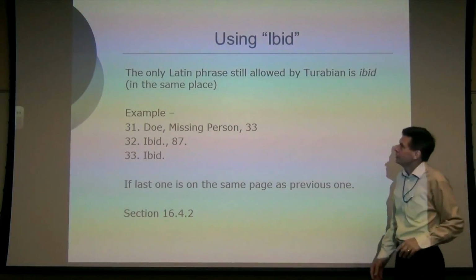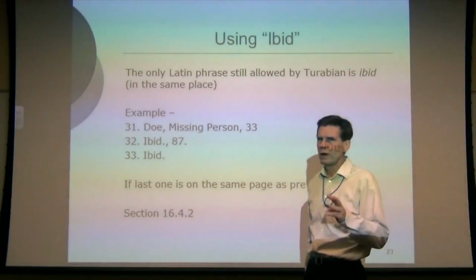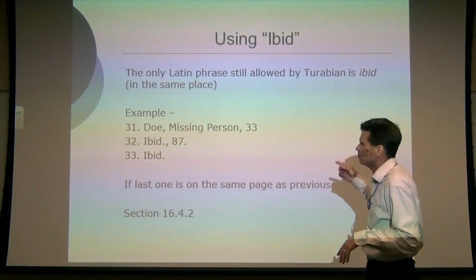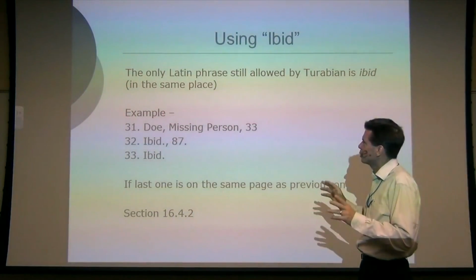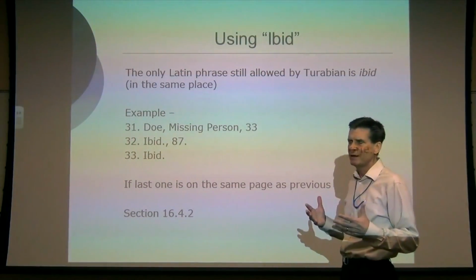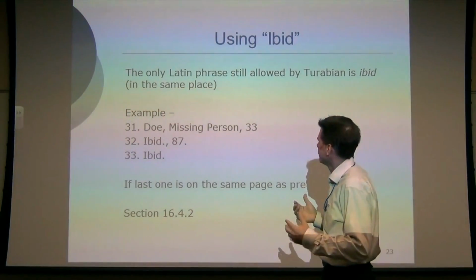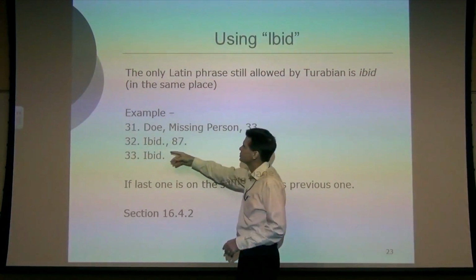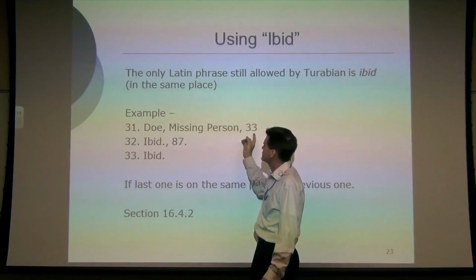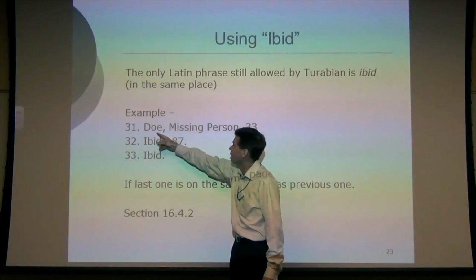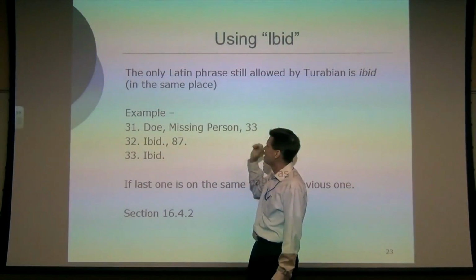Using Ibid. The only Latin phrase that Turabian lets you use is still Ibid, which is short for ibidem, which means the same place. So here's how you would use Ibid. For note 31, you'd put the short note, DO, Missing Person, comma, 33.